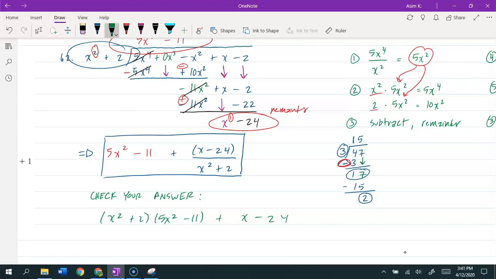If you get the same answer as the question itself, and the question was 5x to the power of 4 minus x squared plus x minus 2, then and only then you got the correct answer. If you didn't get the correct answer, then that means you went somewhere wrong with your polynomial division.